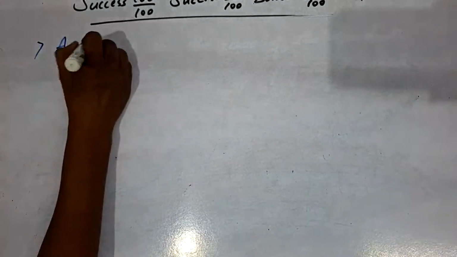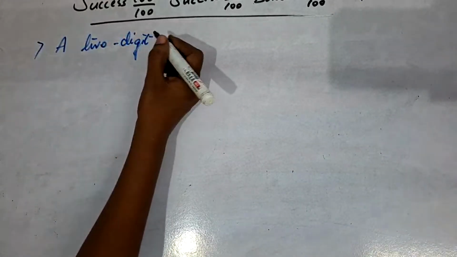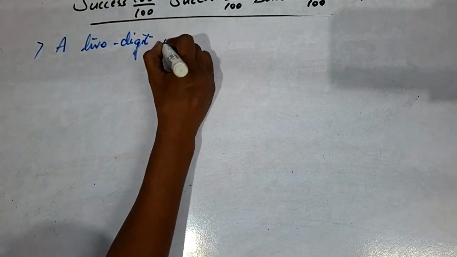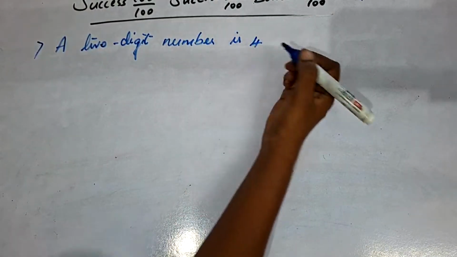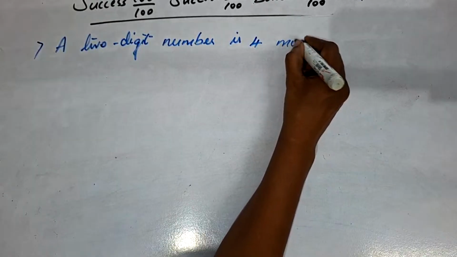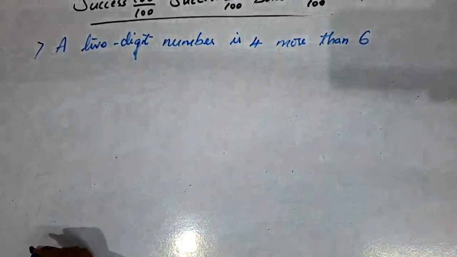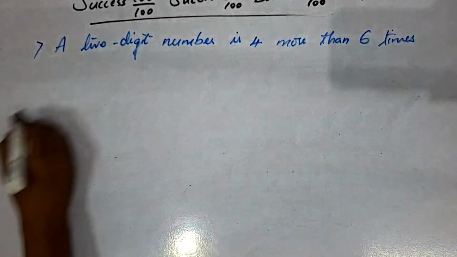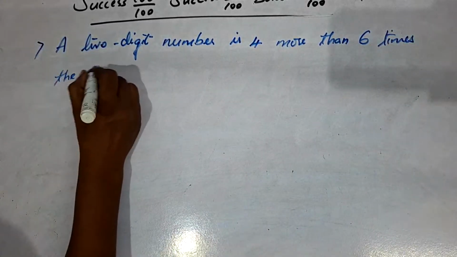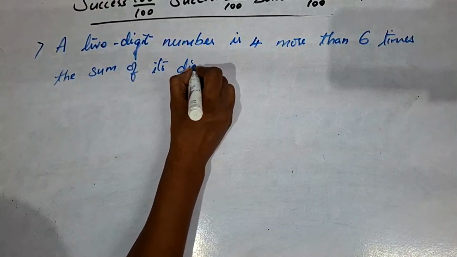The second question is: a two-digit number is 4 more than 6 times the sum of its digits.